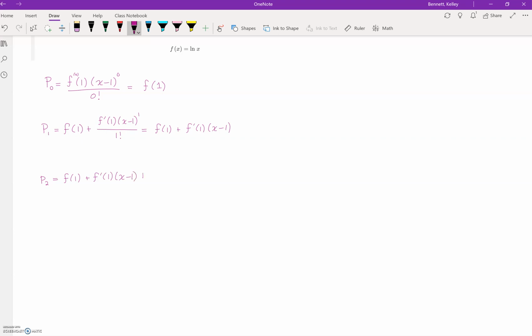And now we need to go ahead and add the second derivative. So this is the second derivative evaluated at 1 times x minus 1, that's the centering bit, squared, over 2 factorial. And P3 will be similar.